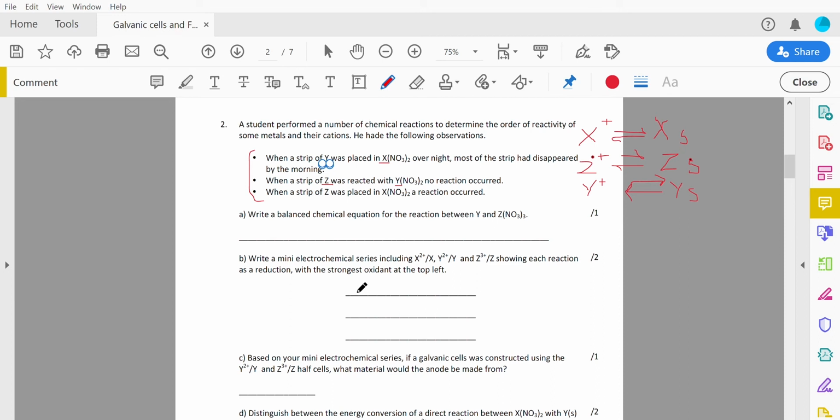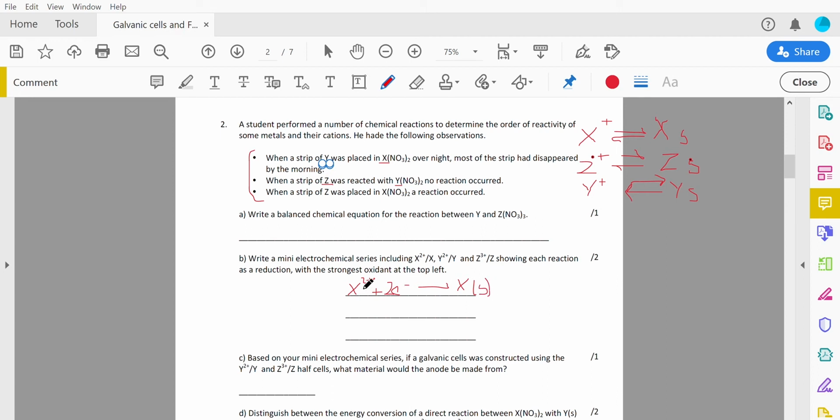The actual way you'd obviously be writing it out is, if we've got X first, it's X 2 plus, plus, well, 2 electrons, of course, to then make X solid.